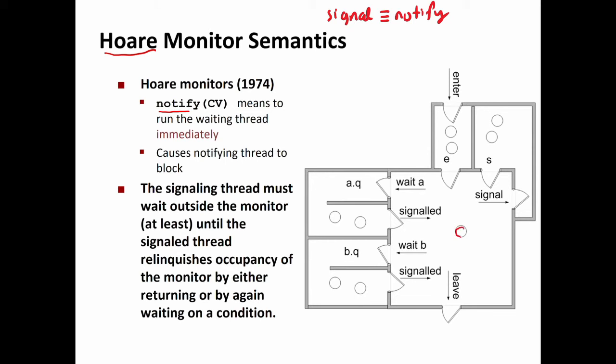So let's call this number one. When it does a signal, in this particular case, this region here is the main region where we do work. And we have two condition variables, one on A, so this is the waiting room, the condition variable for A, and this is the condition variable for B, and this is the main entrance.